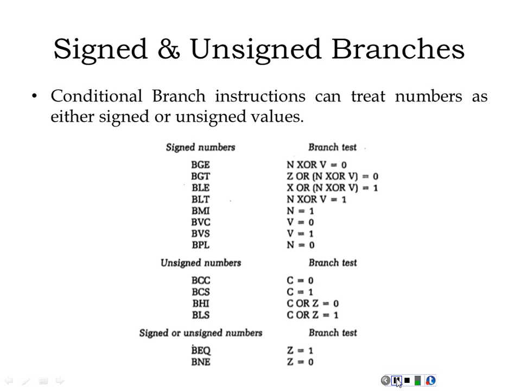If there are N or V flags in the condition, those branches are called signed branches. If you see C or Z, those branches are called unsigned branches. If you see only Z, they can be either signed or unsigned.